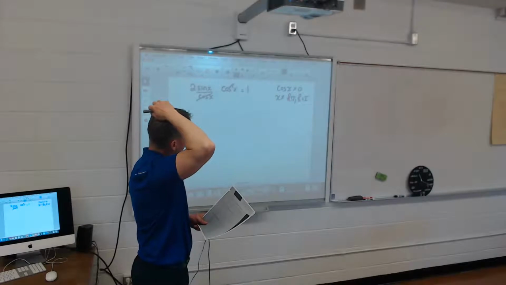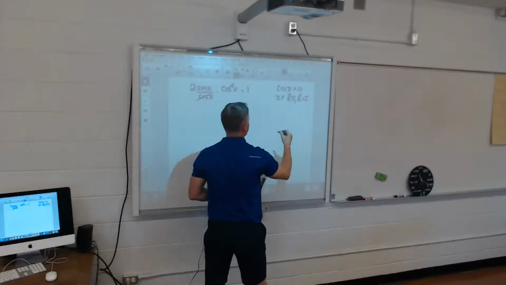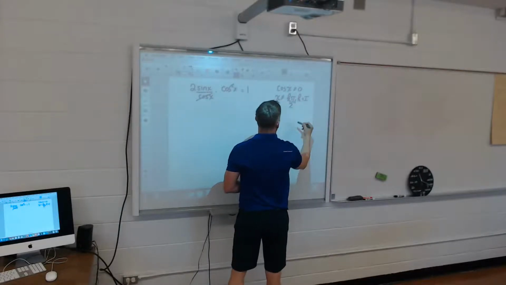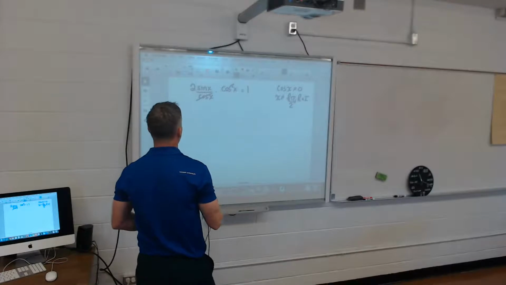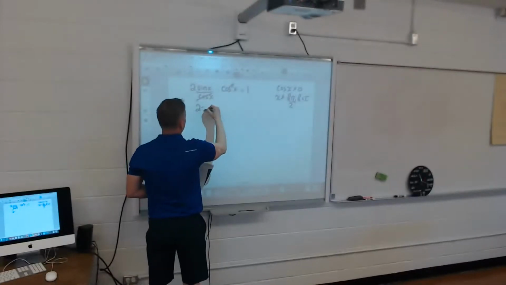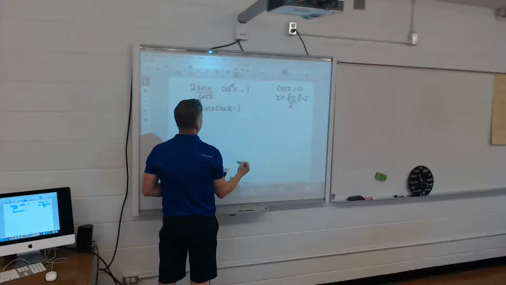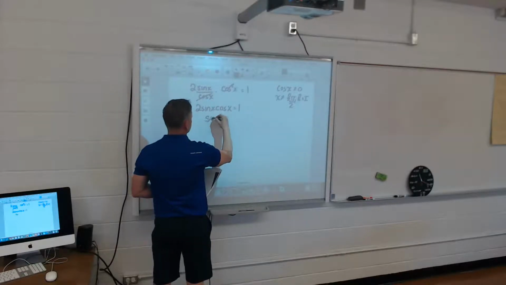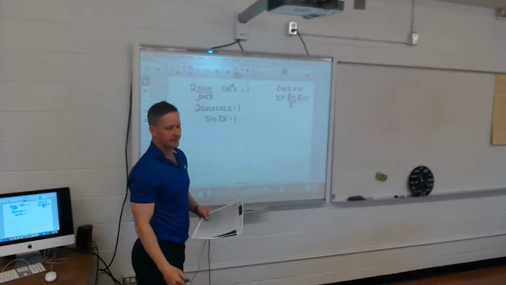All right? Is that right? No, it's pi over 2. Okay, so now when I solve this, I have 2 sine x cos x equals 1. Well, that's the same as the sine of 2x equaling 1.